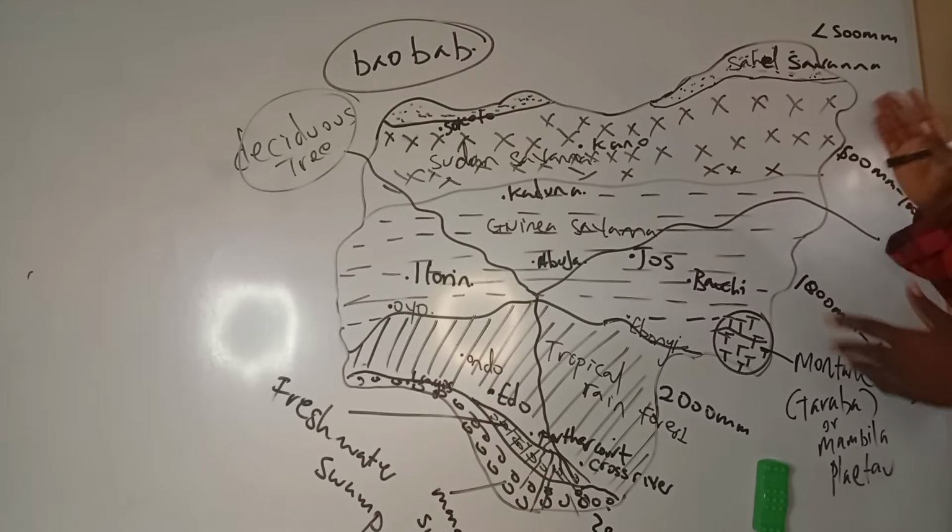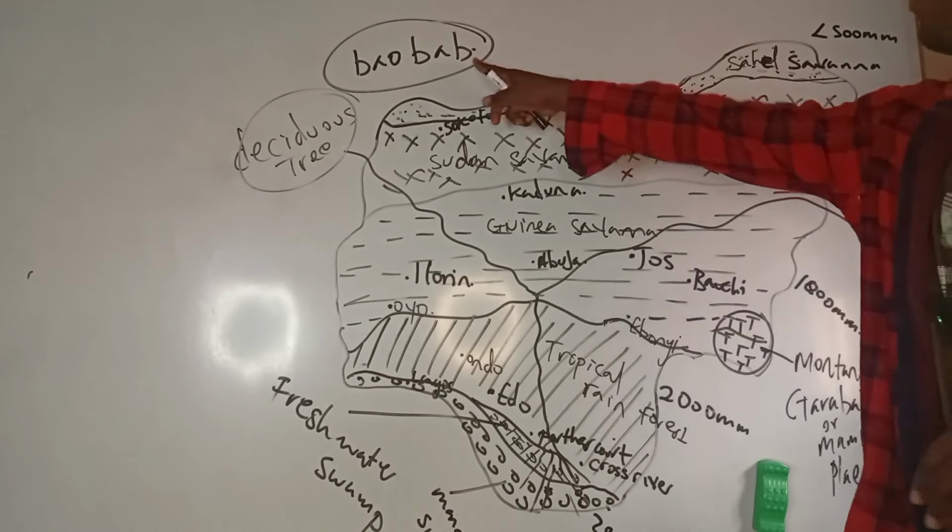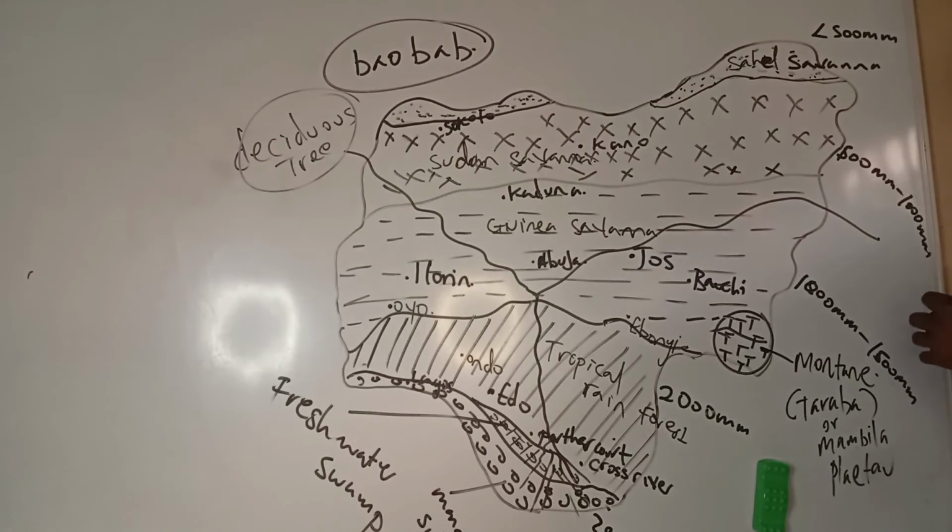These trees are fire resistant in the Sudan Savanna. They have plant trees like the acacia, the date palm, the baobab. The baobab is a very unique industrial plant that has a lot of uses.